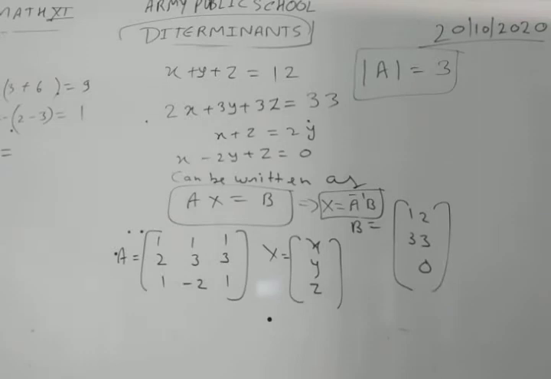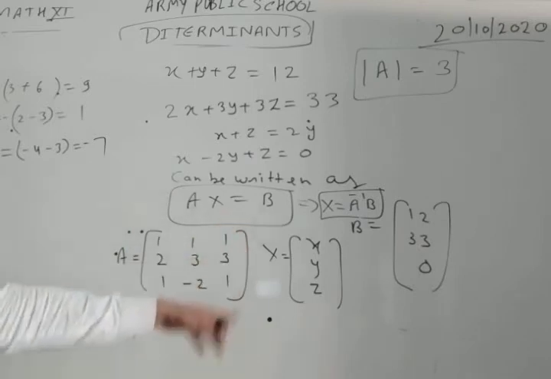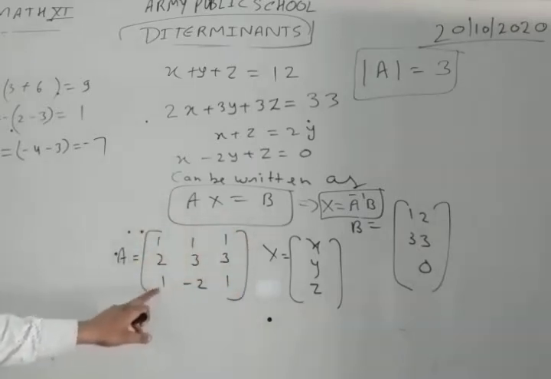A13 is minus 4 minus 3, which is minus 7.